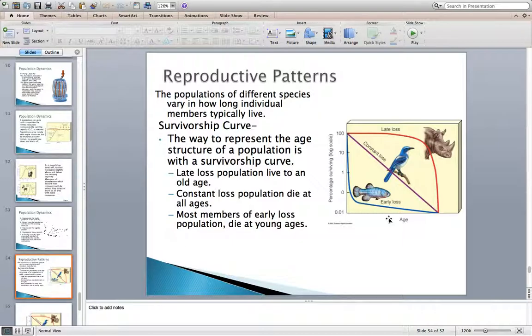In the type 3 or the early loss, most mortality actually takes place at young ages, and the survival rates are greater at older ages. So examples for type 1, like I said earlier, include humans and large mammals. Type 2 are things such as birds, and amphibians are examples of the type 3 or early loss.